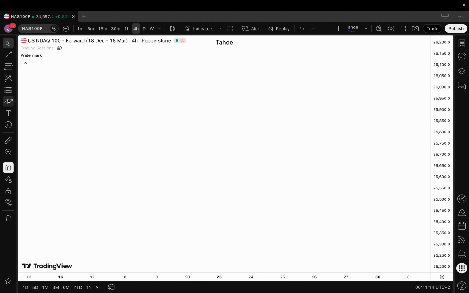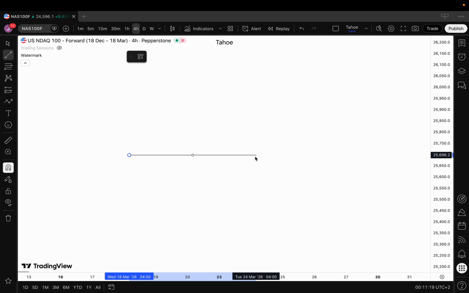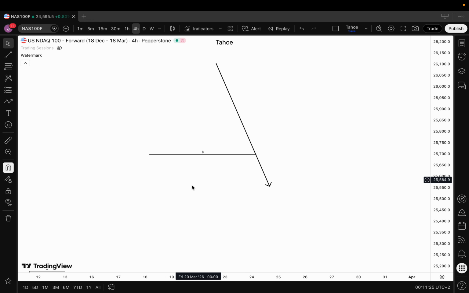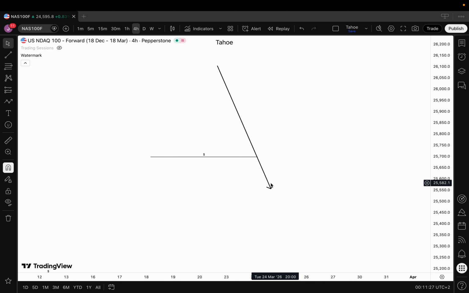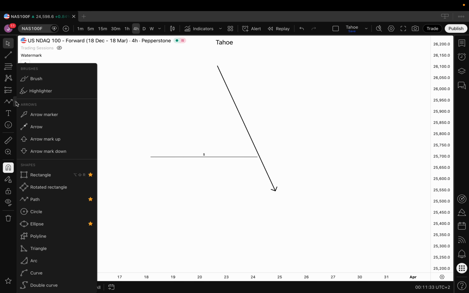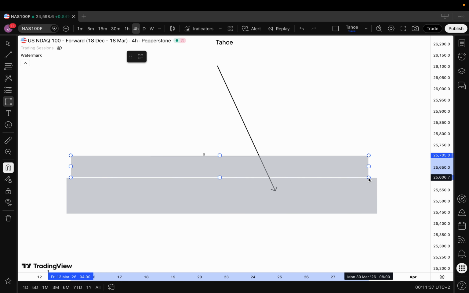Very important. Once liquidity is swept and price pushes past it, we're looking for buys now. Very important that we combine this with an SMC concept, a smart money concept, like an order block or a fair value gap.